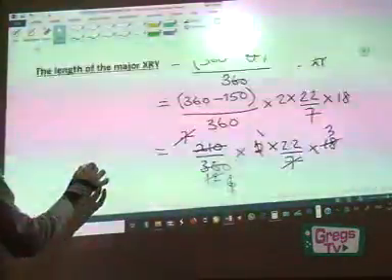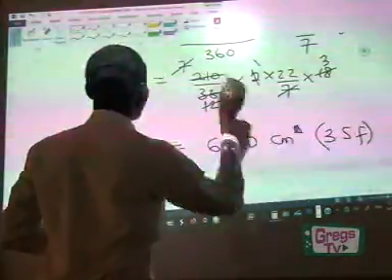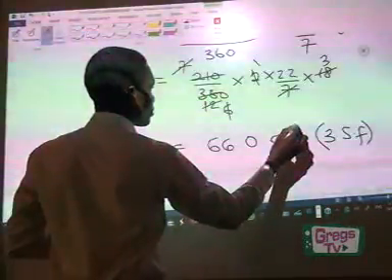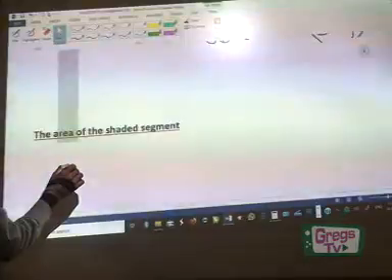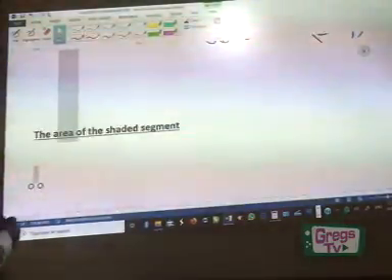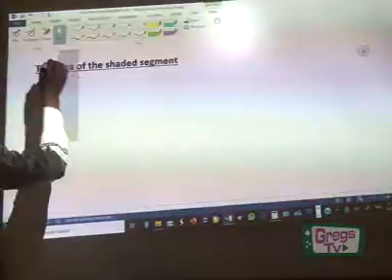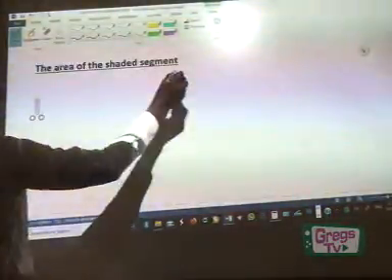So length, okay, so let's quickly take care of this. Okay, so we move on to the area of the shaded segment. As I've said earlier on, getting that shouldn't give us any issue.